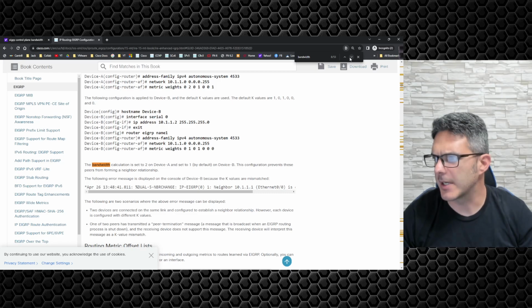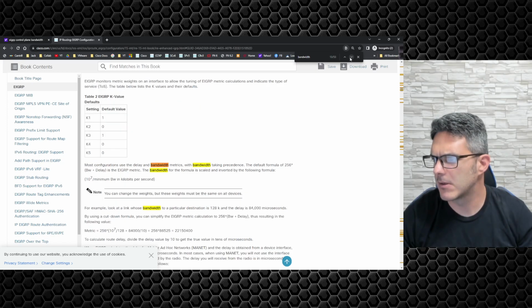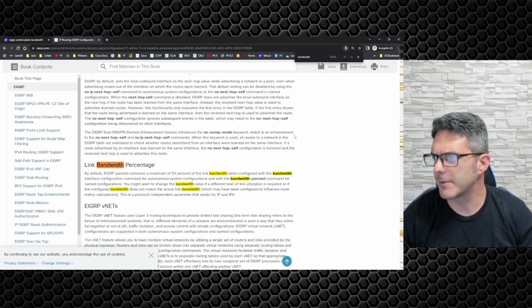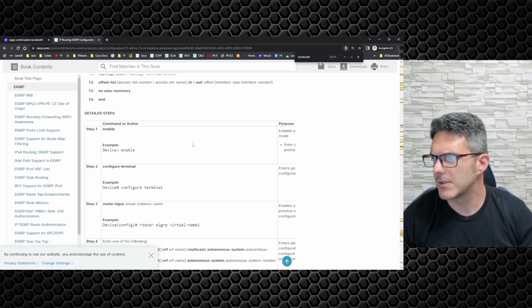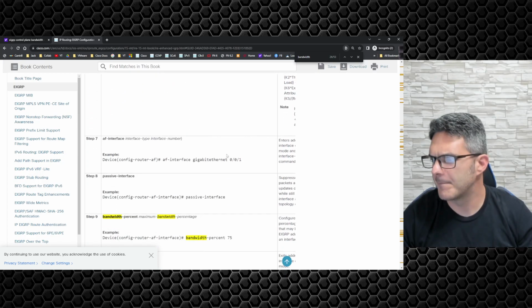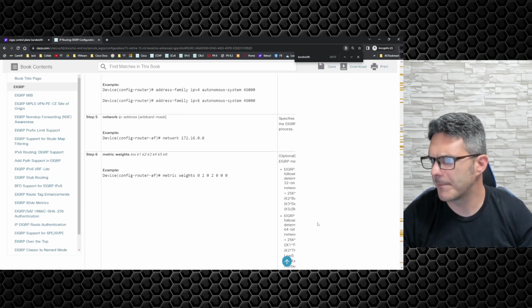So that is if you're doing metric weights, cost metric. A lot of this is going to focus on link bandwidth percentage, the bandwidth percent command for interface bandwidth interface configuration for autonomous system configurations, passive interface. Okay, so you'd have to go to the... So this is only supported in named mode, is what this looks like.